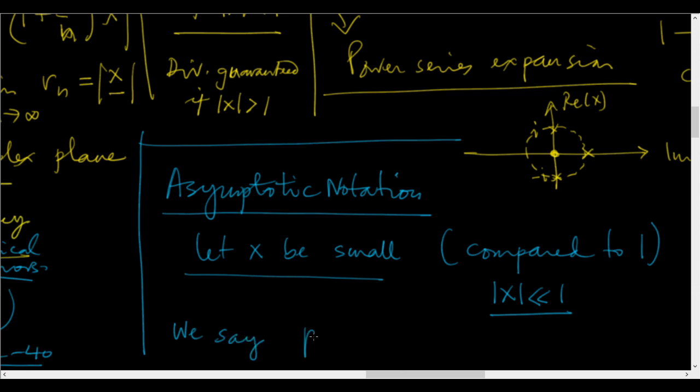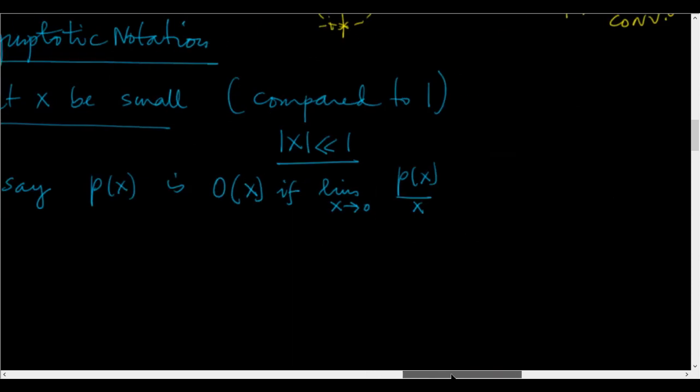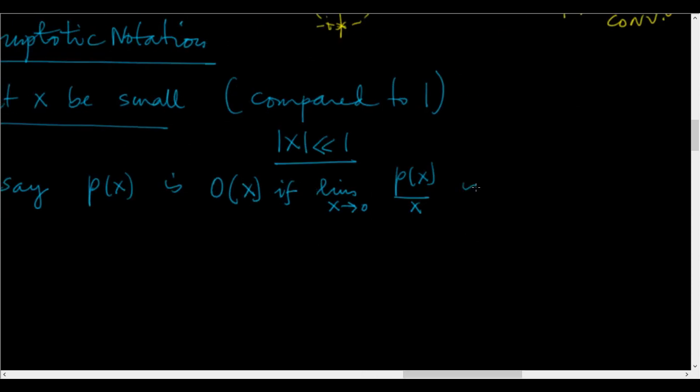Then what we say is, we say p of x, any quantity, could be some constant, something depending on x, whatever, is order x if the limit as x goes to 0 of p of x by x is finite.